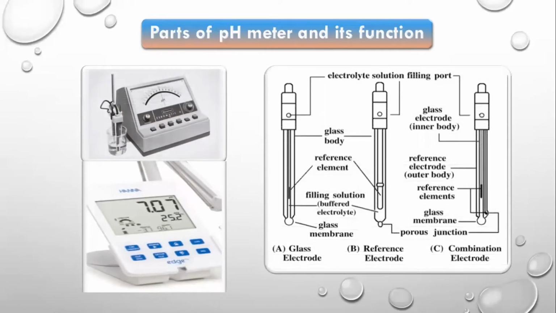There are three types of probe: the glass electrode, reference electrode, and combination electrode. The combination electrode is commonly used today, with a single combined electrode that has both the glass electrode and reference component built inside it for simplicity and convenience.